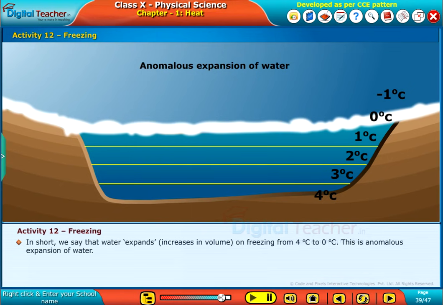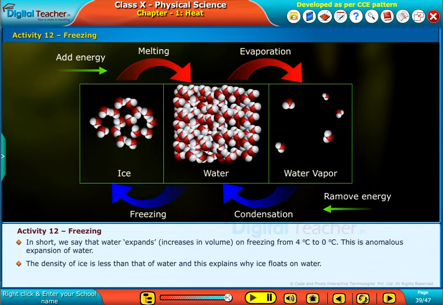This is enormous expansion of water. The density of ice is less than that of water, and this explains why ice floats on water. The image shown on screen gives a clear idea about the terms melting, evaporation, condensation, and freezing.